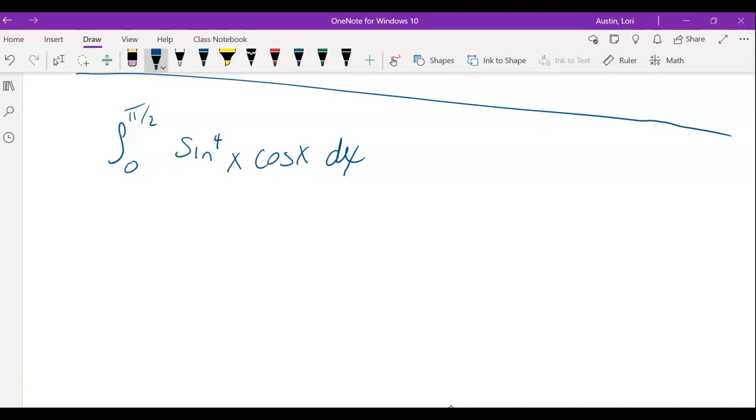Sine x, because what's happening to the entire sine x function? It's being taken to the 4th power. The outer function is something to the 4th power. The inner function is what that something is. So your inner function is just sine x. Let's identify that, and write it down. Again, you've got to write it down.